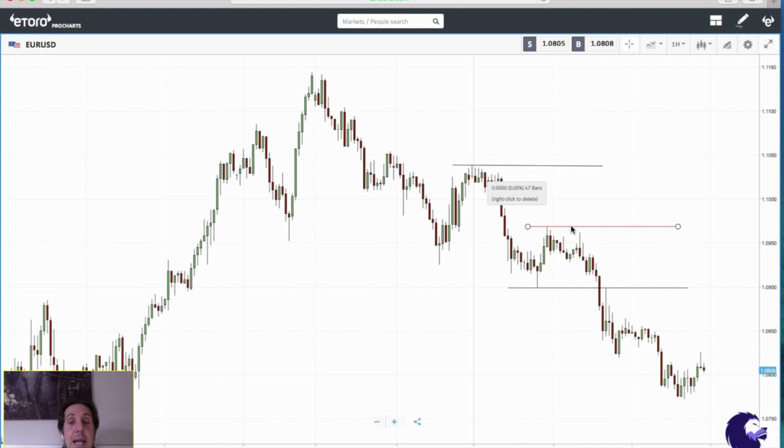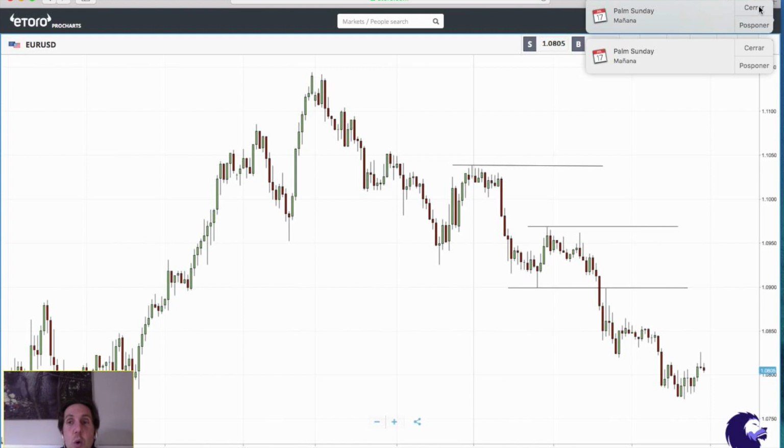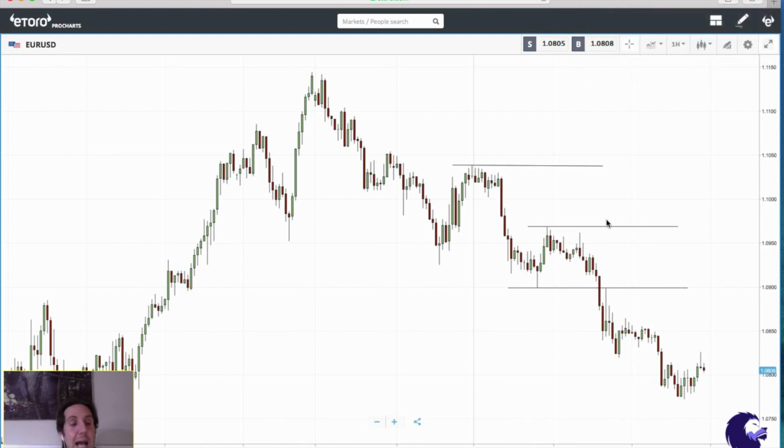Resistance is where everybody wants to sell in that zone, but they don't want to buy anymore there. That becomes a resistance. It is supply and demand only: a zone where there is more supply and a zone where there is more demand. Did you understand? When there is a lot of supply, the price goes down. When there is a lot of demand, the price goes up.